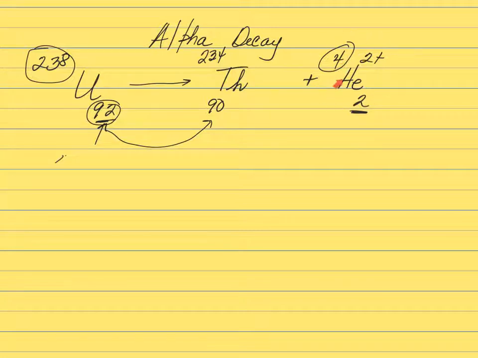After 1 alpha decay, uranium 238 becomes thorium 234. Is thorium 234 stable? They're not answering me. Is thorium stable? They don't know. Okay. Do you have the same amount of neutrons and protons inside the thorium nucleus?